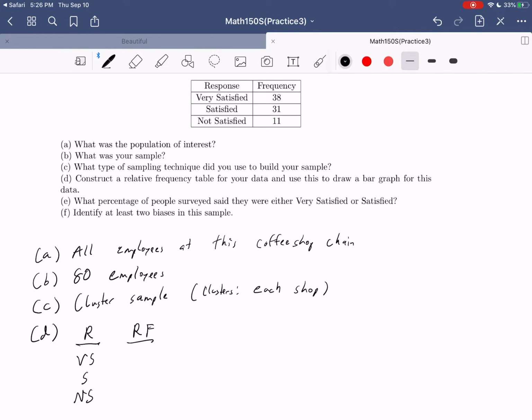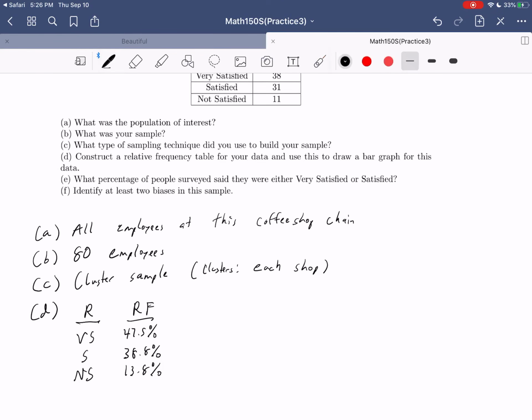Let's do those divisions. 38 divided by 80 we should get 47.5%. 31 divided by 80, after we round, should be 38.8%. And 11 divided by 80 should be 13.8%. So there would be our relative frequency table, writing everything as percentages.